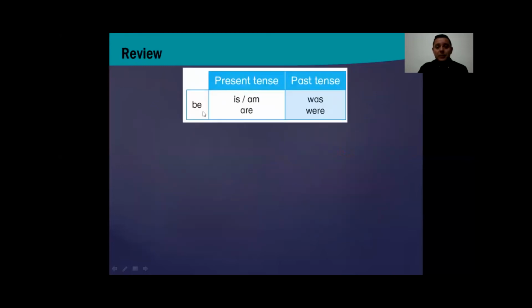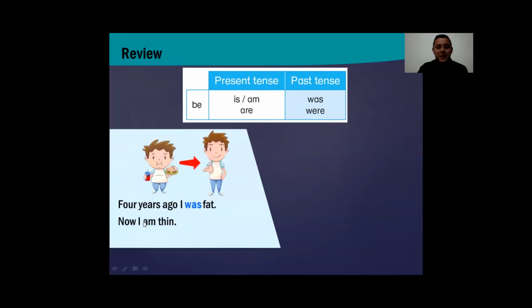So let's look at the verb be, how we use it in the present tense. We use am, is, and are. And in the past, we use was or were according to different subjects. Let's look at some more examples. 4 years ago, I was fat.